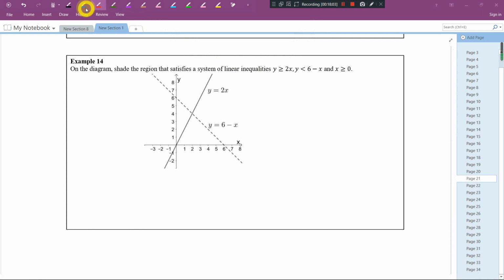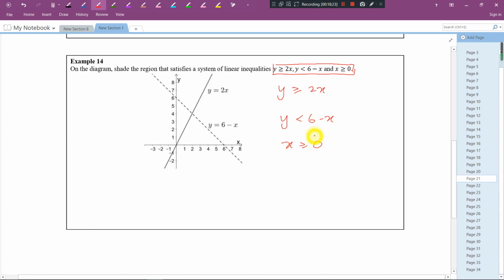Okay, so next, let's try this example. On the diagram, shade the region that satisfies the system of linear inequalities for these 3 linear inequalities. So y is greater than or equal to 2x, y is less than 6 minus x, x is greater than or equal to 0. Okay, when you want to determine the region of an inequality, make sure of 2 things.